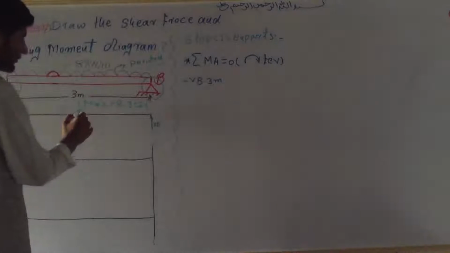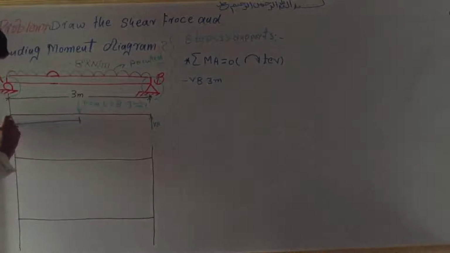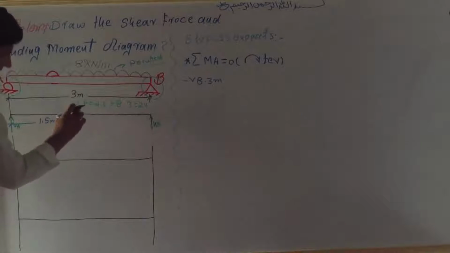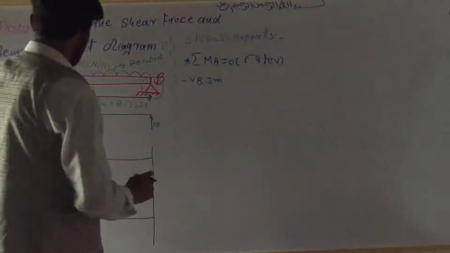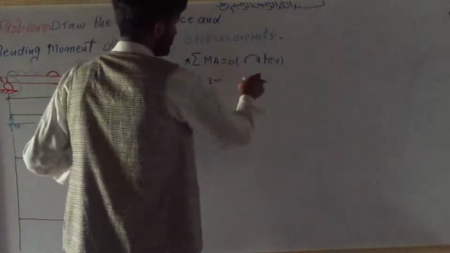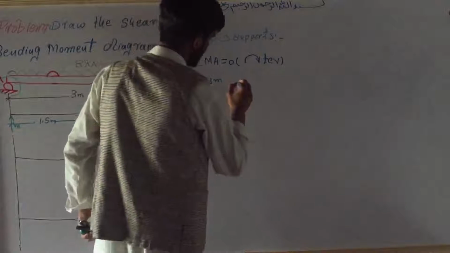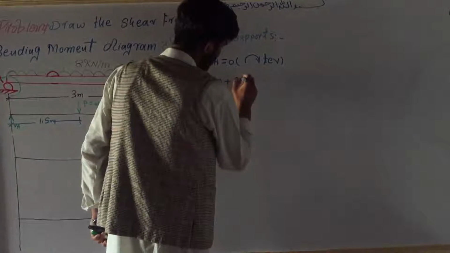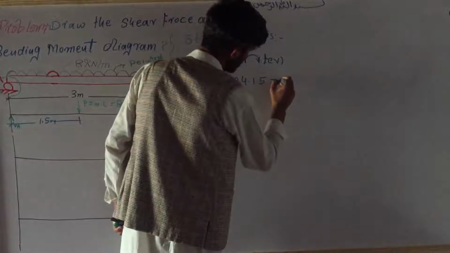And here we have the pointed load, at a distance of 1.5 meters, because this pointed load is at the middle of the beam. Its direction is clockwise, so P is positive: 24 times 1.5, equal to 0. Why 0?